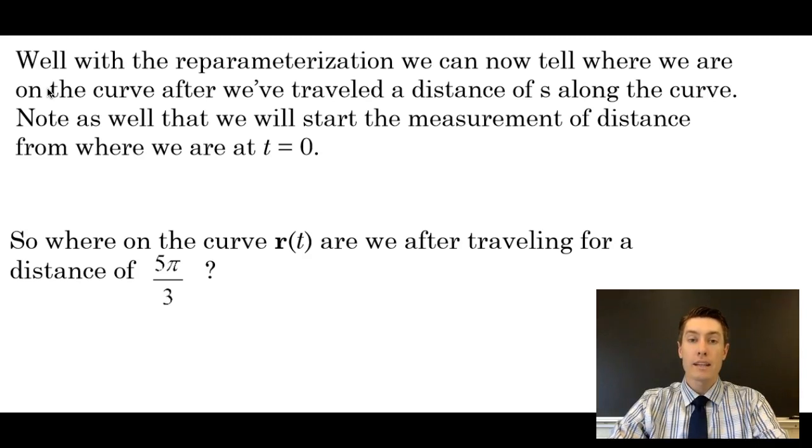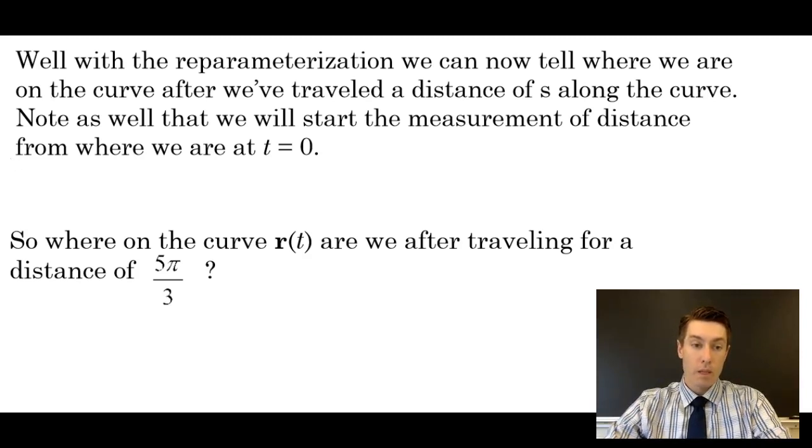Hey, you're not guaranteeing that every person that you tell the directions to is going to make the same right-hand turn because the distance that they've traveled in 5 minutes might be different for everyone. Whereas if you tell someone go 2 miles down the road and then make a right-hand turn, you're guaranteeing that everyone will make the same right-hand turn because 2 miles will not change. Okay, so that's the idea of redefining a vector valued function in terms of arc length as opposed to time, based on how we want to define the situation that we're working with.